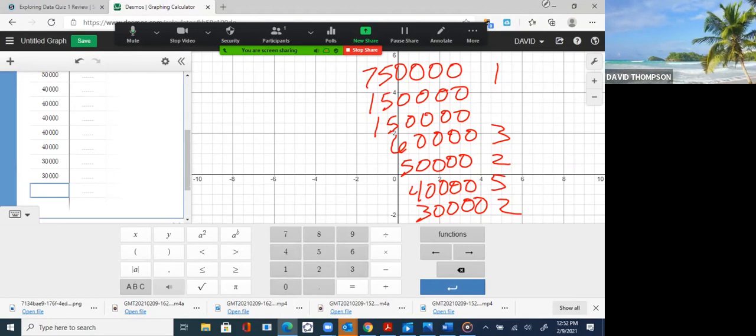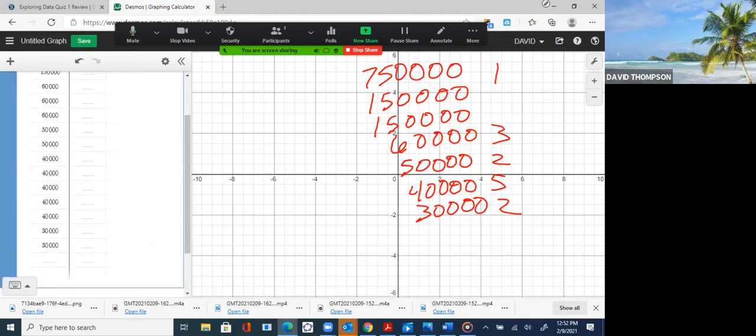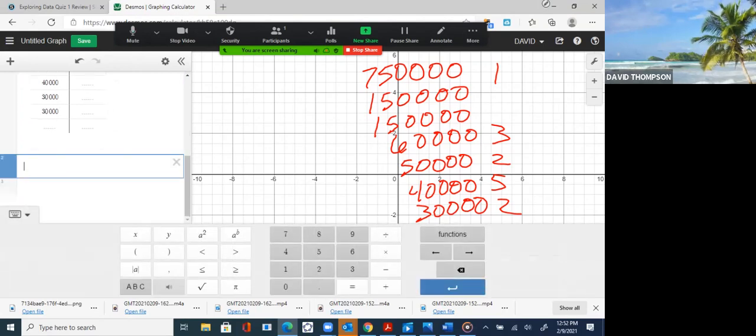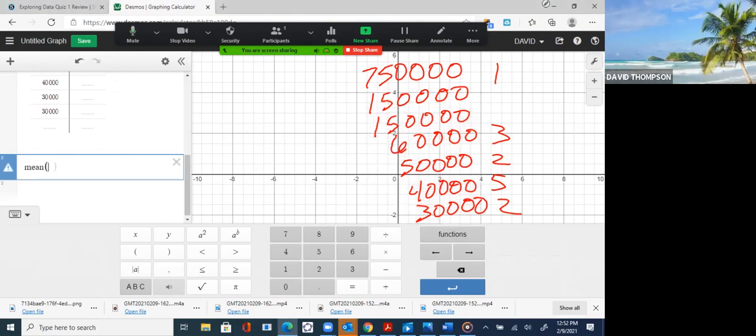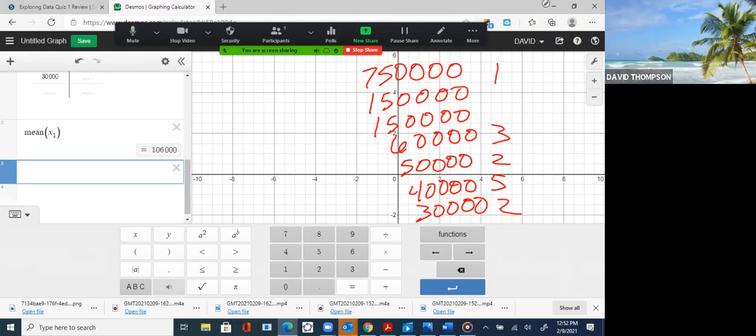Okay, last step. We need to go here, and we want to go to functions. We want to go to mean, and we want to just type in X1. So our mean is $106,000, and our next thing we want is our median.